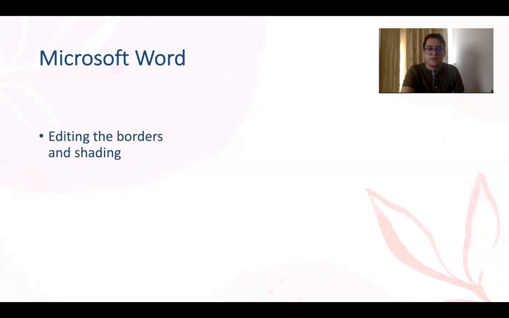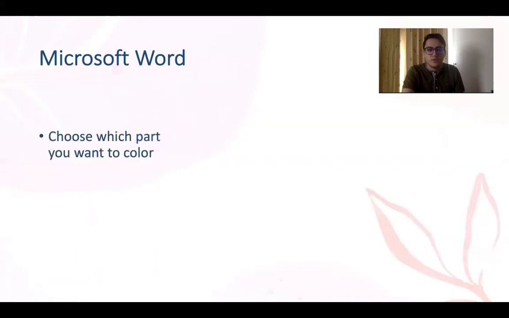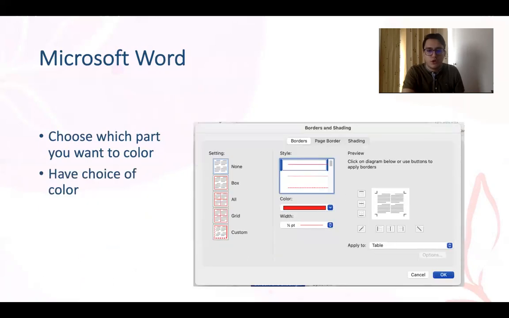Editing the borders and shading, color details. You go to layout for this option. You select properties, then go to table properties and click borders and shading. Once you select borders and shading, choose which part you want to color.